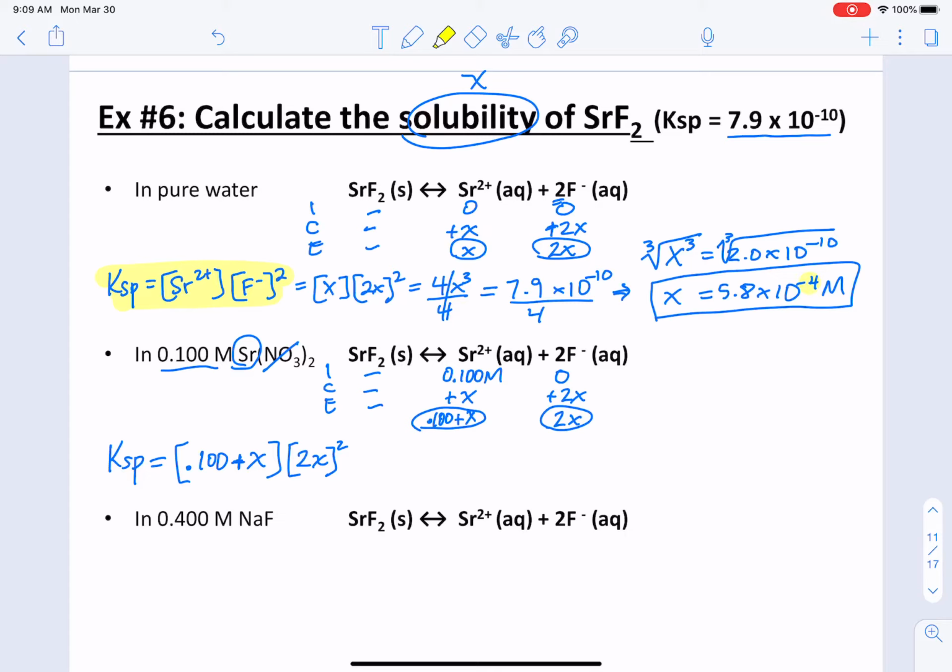If you added something like that to this 0.1 value, it doesn't change it. It is negligible. So we are going to assume that x is really small in comparison to 0.1 molar. So again, this is now 0.1 times 4x squared. Whoops, I have to fix that.